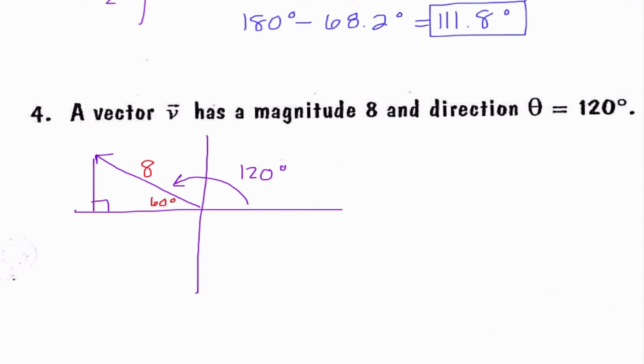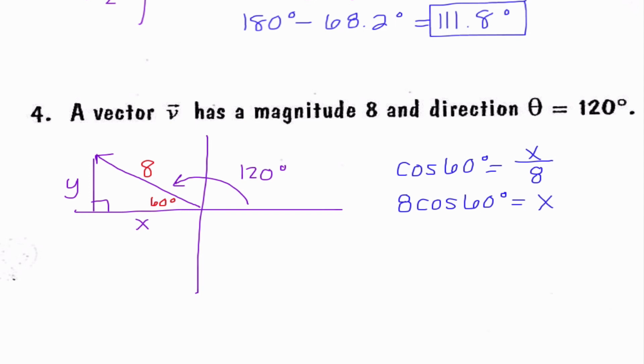We're trying to find x, which is really my horizontal part, and y, which is my vertical component. And so if we look at this, it looks like to find x, we're using the adjacent and the hypotenuse. So I know that cosine is what deals with adjacent and hypotenuse. So I'm going to say 8 times the cosine of 60 degrees is equal to x.